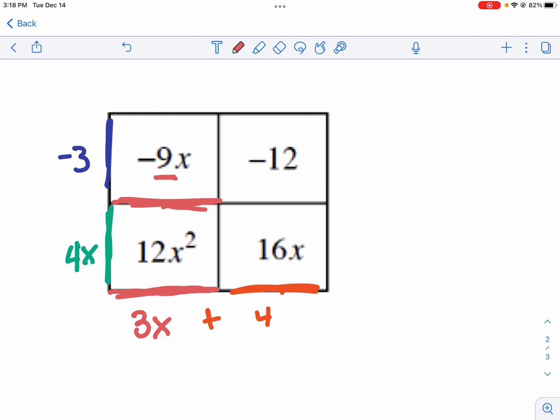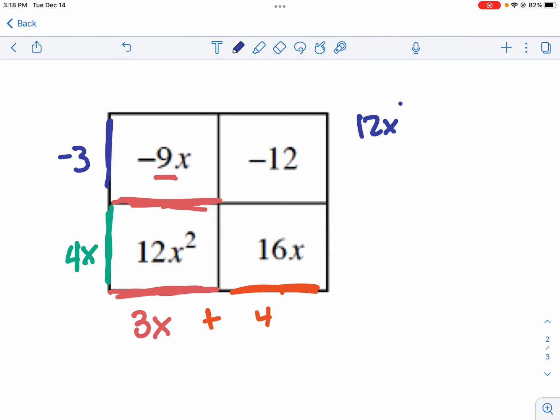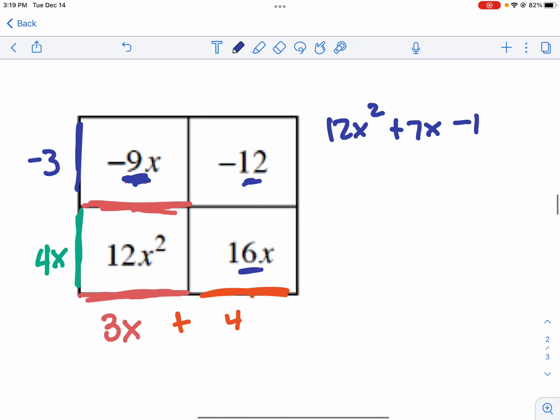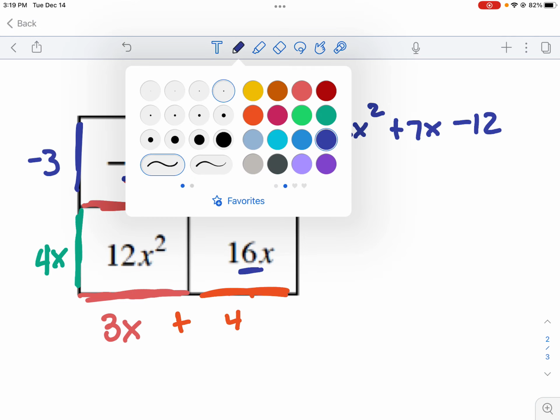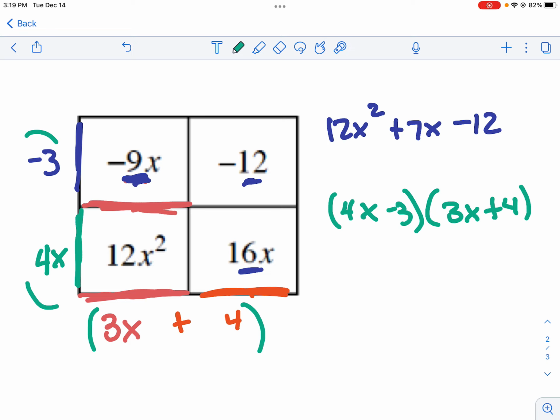This negative 9x would be your 3x times negative 3. So this all checks out. Standard form, I'll write that out, would be 12x squared. These two would combine to be 7x. And this one would be minus 12. Factored form of this would be the two little groupings that I wrote on the outside as the length and width: 4x minus 3 and 3x plus 4.